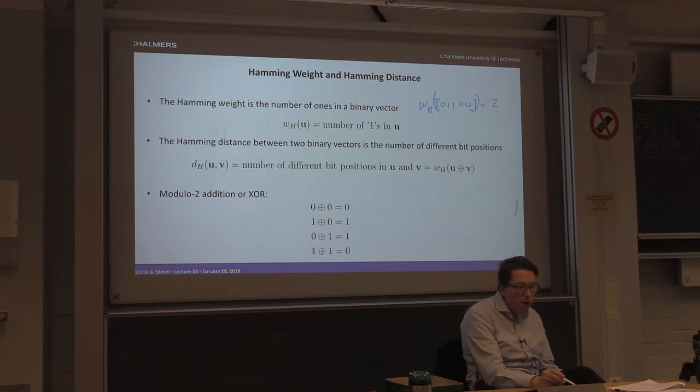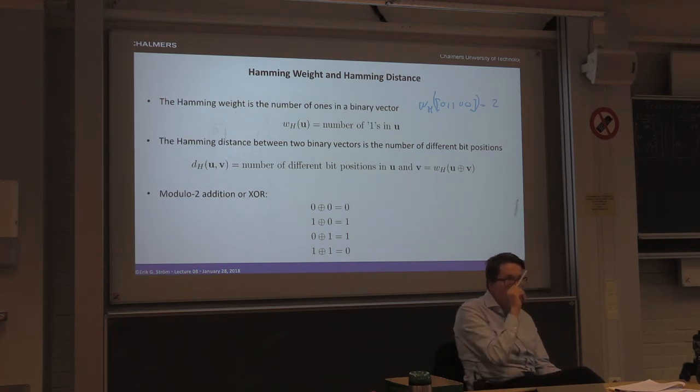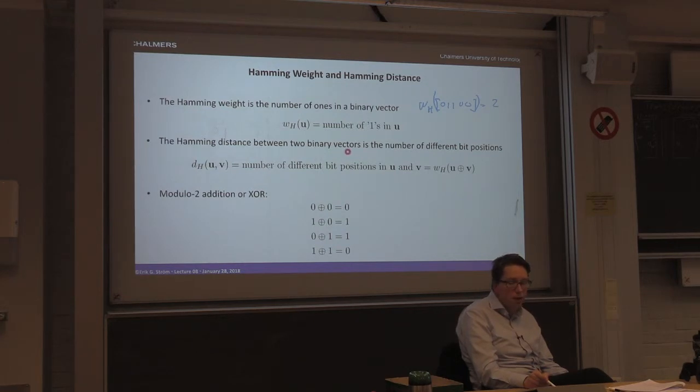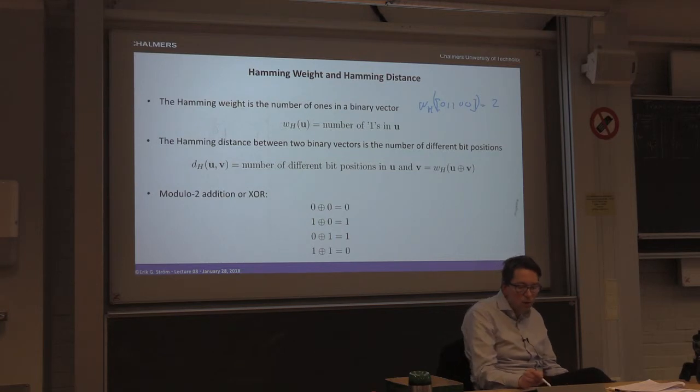Using this, we can compute the Hamming distance between 2 binary vectors. Let's define what it is: it's the number of positions in which these patterns differ.